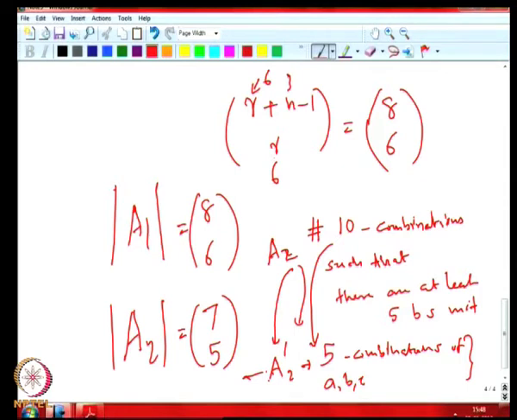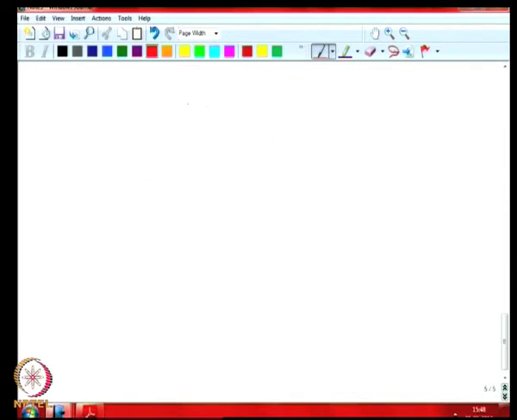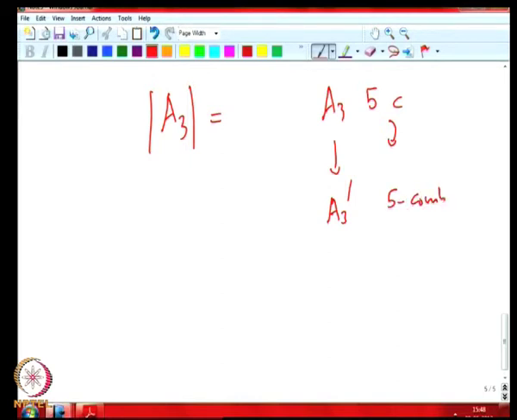Similarly, if you want to find A3 cardinality, that is also easy, because now again the restriction is that we need at least 5 C's in it. So, we set up a bijection between the set A3 and A3 dash, where A3 dash is the 5 combinations of ABC. As before, for any 10 combination in A3, which of course has at least 5 C's, we remove 5 C's from it and we get a normal 5 combination of ABC, and the reverse also.